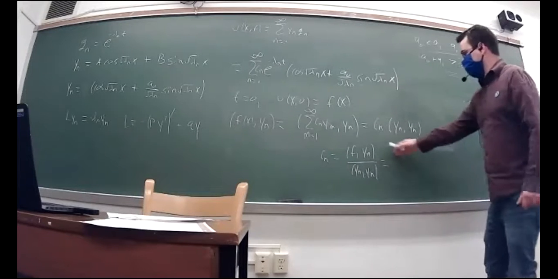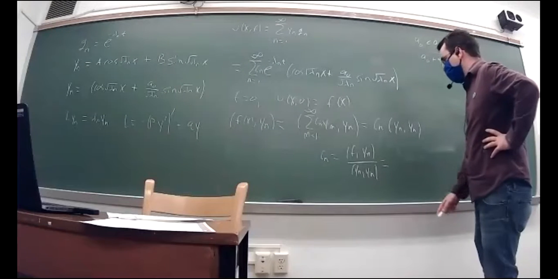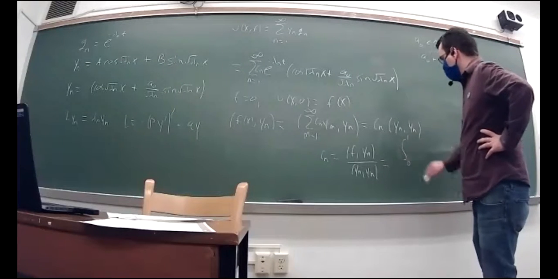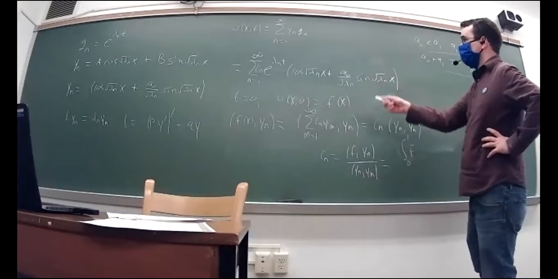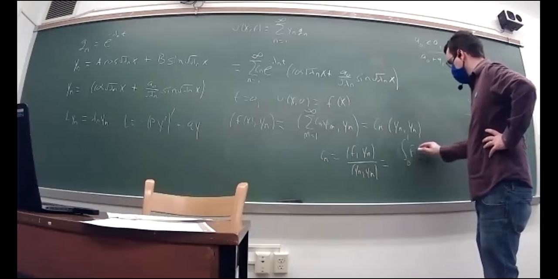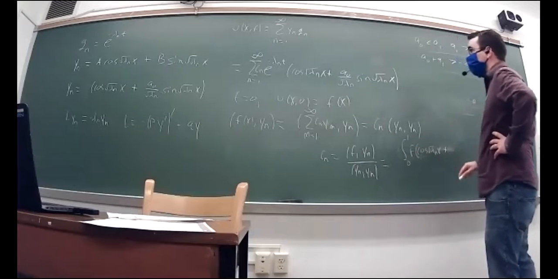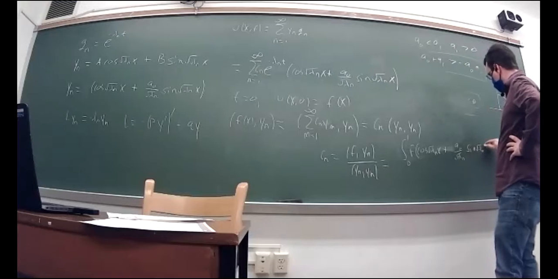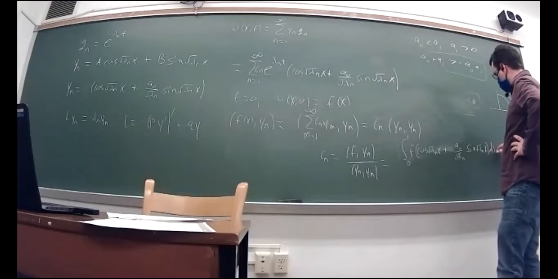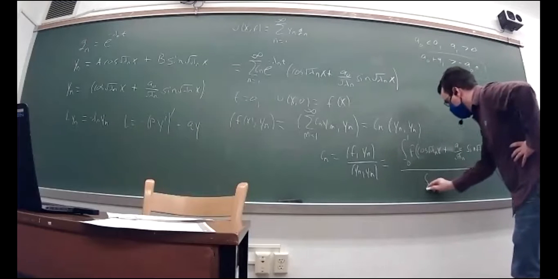But the trick is actually writing it out and evaluating it, right? So this L2 inner product of f with y sub n, x goes from 0 to 1. So you've got f times this whole thing, dx, and then divided by this thing squared.